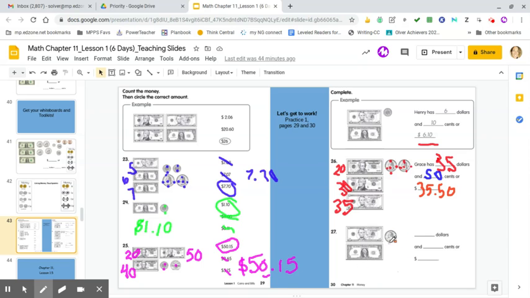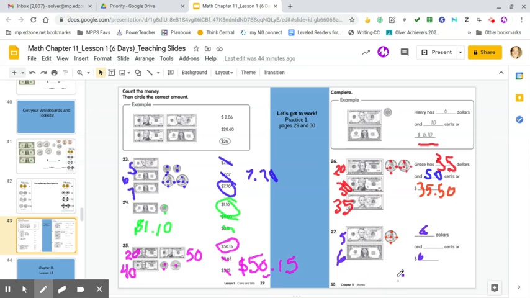Okay, let's try number 27. Notice that this is also a quarter, so it means it's 25 cents. It gets 5 touch points. Go ahead and pause the video and try to solve that one on your own. All right, so you see it's got 5 and 1. So 5 plus 1 is 6. So you have $6.